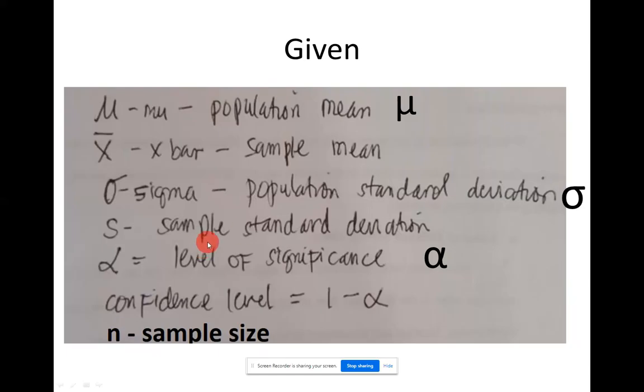If we're talking about standard deviation, but in the problem, it states there that sample, use the symbol S. And level of significance, alpha, or the symbol. Some books will give you confidence level. So kindly familiarize the formula. It's 1 minus alpha. Okay? And last is the sample size, or n, small n. Again, please look at the screen. You're required to memorize this kasi babalikan para natin ito hanggang statistical analysis 2. Okay?